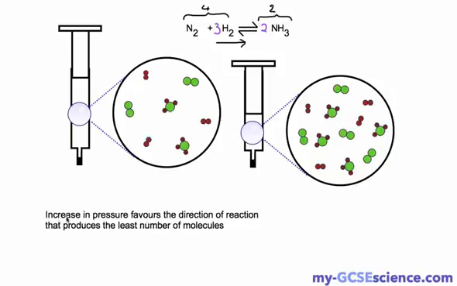So here we can see that an increase in pressure favors the direction of reaction that produces the least number. The least number is the 2 ammonia molecules, so this increase in pressure favors the forward direction. So in other words, we are going to get more ammonia produced if we increase the pressure, and that is the reason why we increase the pressure for this industrial process.